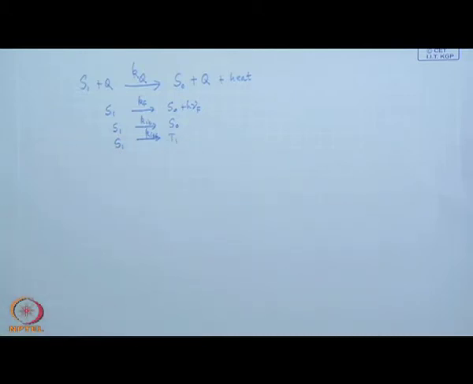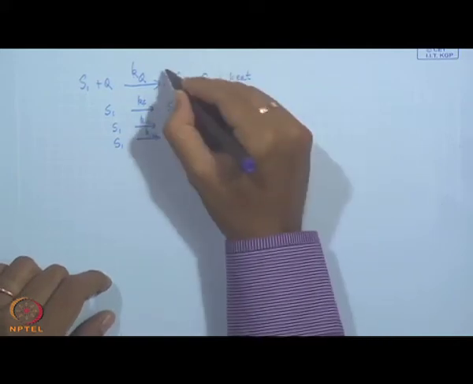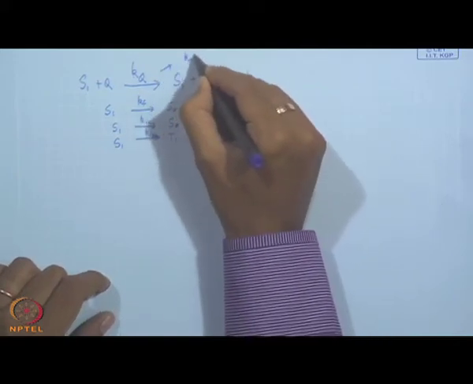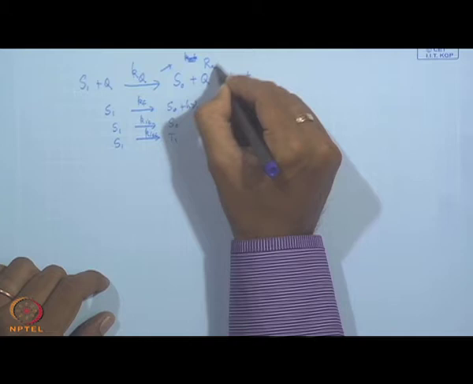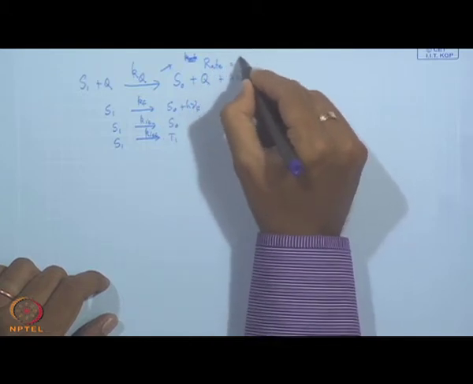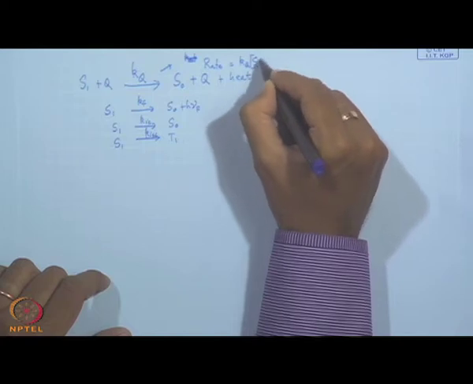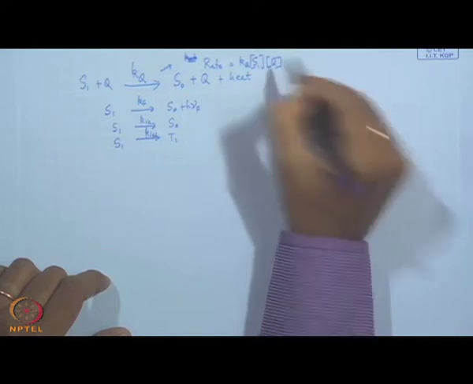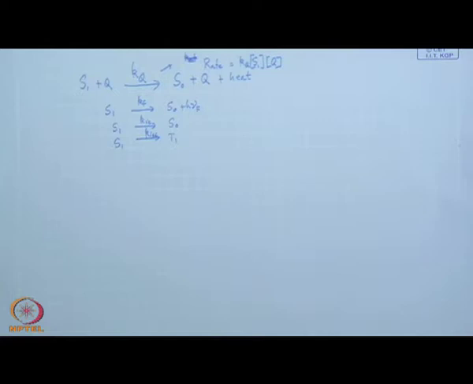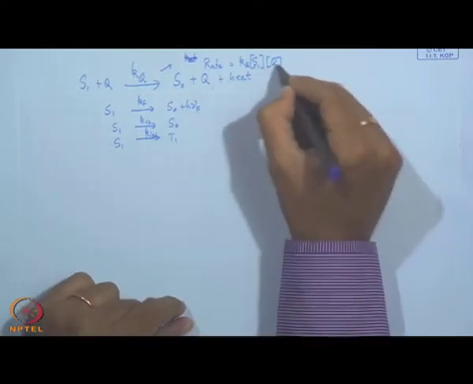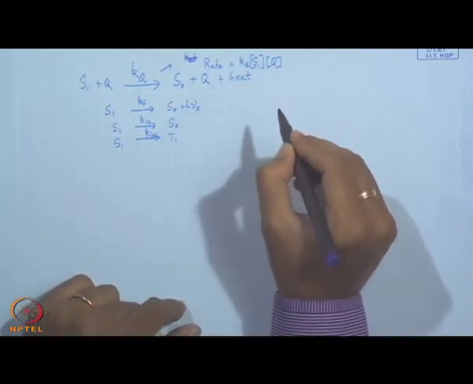If we consider all this, the quenching rate will be equal to Kq into the S1 concentration into the Q concentration. So it depends on the S1 and the quencher Q concentration.